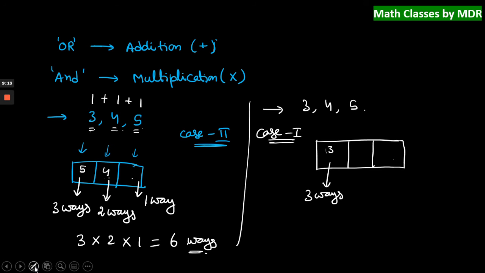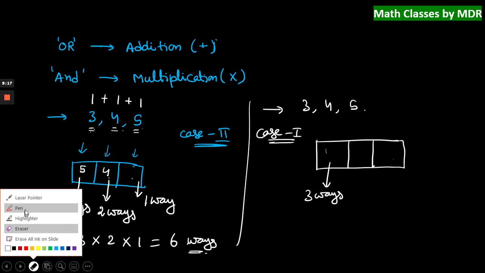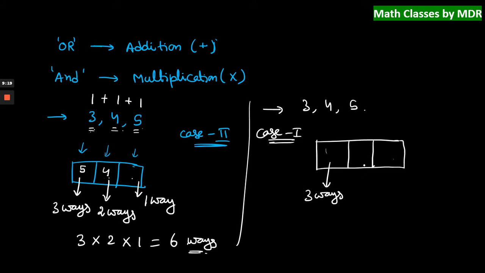So how many numbers are available for the tens place? Again, all the numbers are available. Either I can use 3 or 4 or 5, again 3 ways. Again here also I can use 3 or 4 or 5, again 3 ways. So all the numbers are available for all the digits, 3 ways.